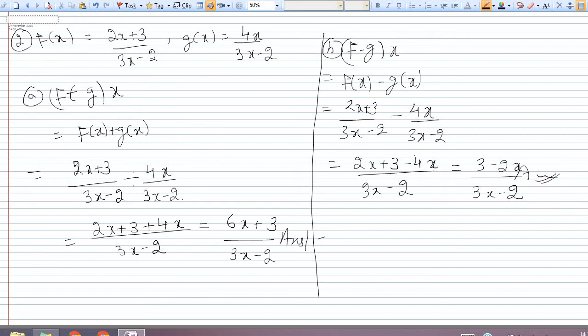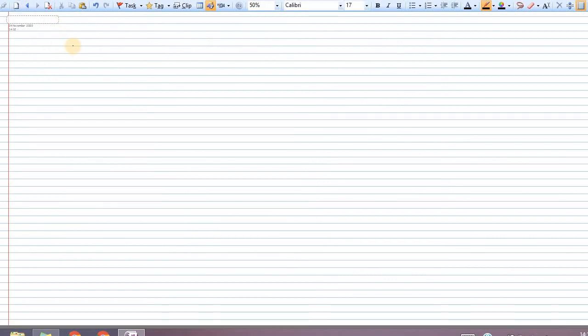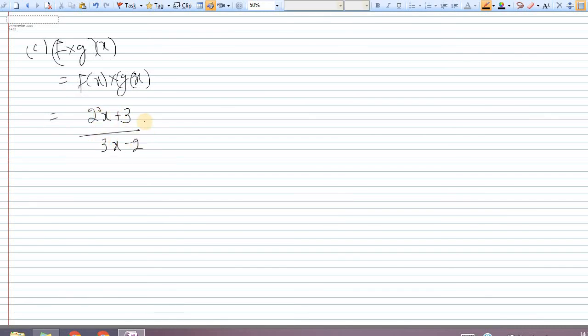Okay, now coming to the C part. C says (f·g)(x). So it would be f(x) into g(x). What was our function? It was (2x+3)/(3x-2) into 4x/(3x-2).